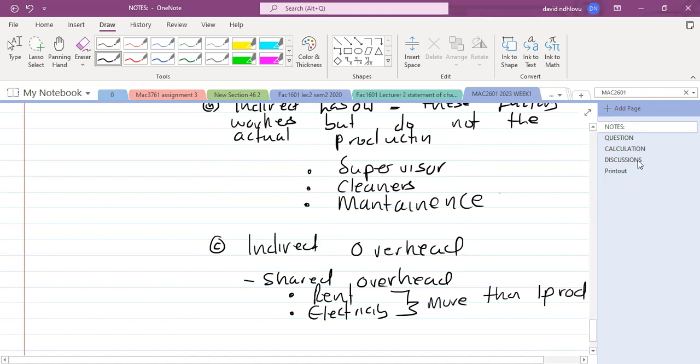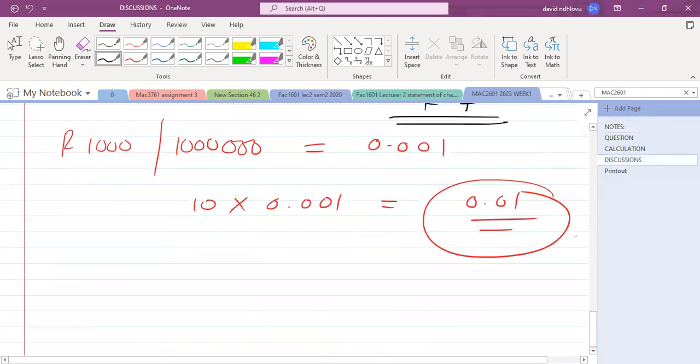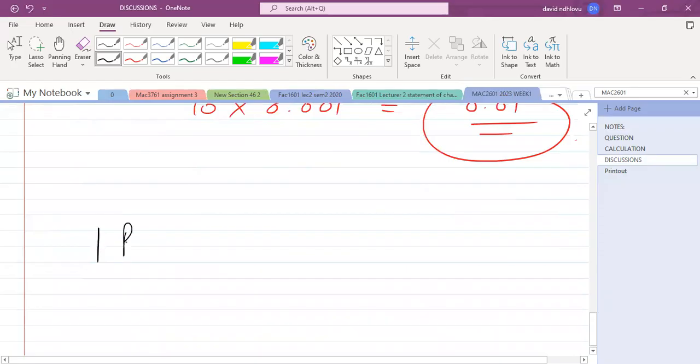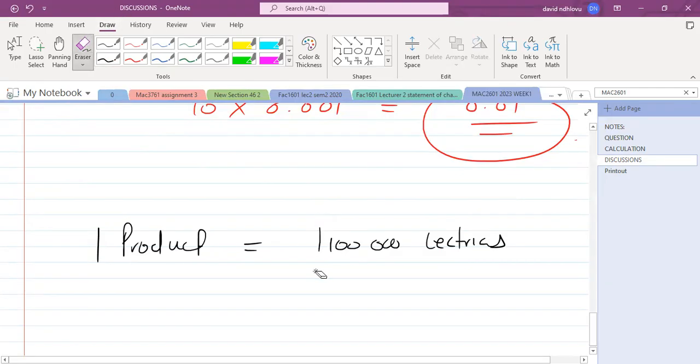Right, it's very simple. When I have got one product and I incur 100,000 in electricity this year, this total cost here, I put dollars there.